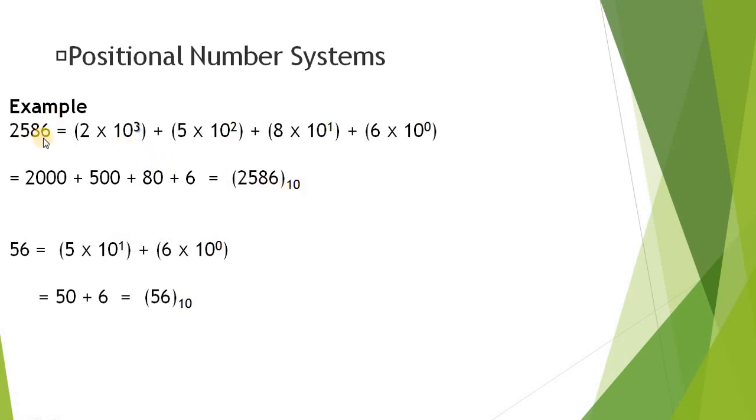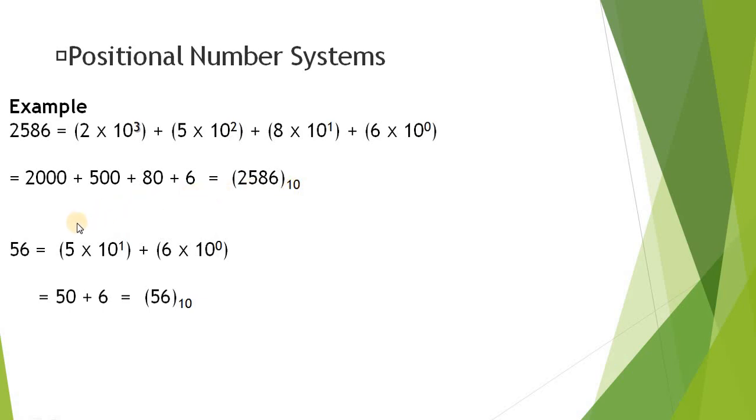If I say 2586 without any base, it means that it is a decimal number, because in our day-to-day life we always use decimal numbers. But it is always good to represent the numbers with a base, because when we are dealing with different types of number systems, it's confusing if you don't write the base. So writing the base is very much essential.